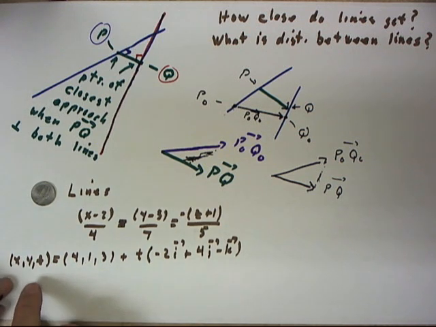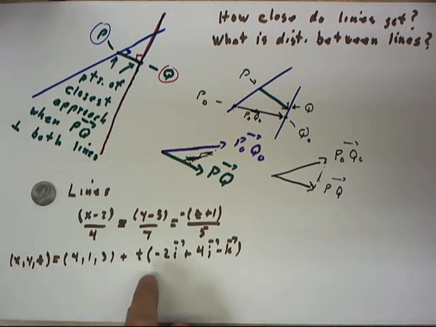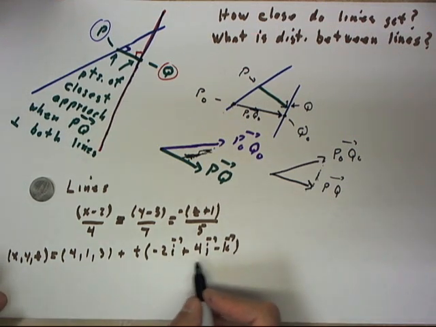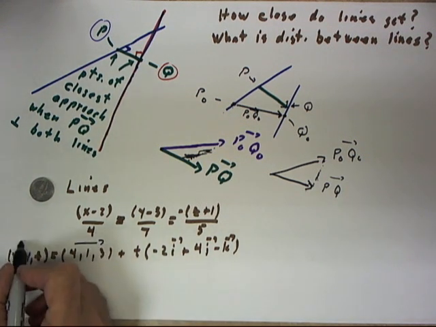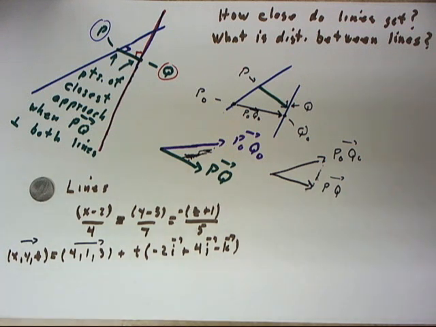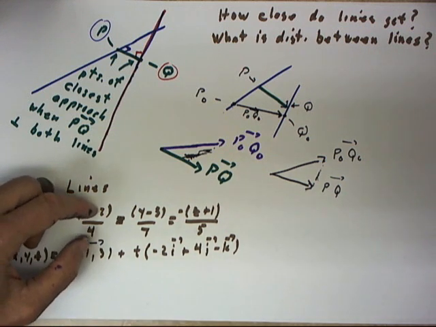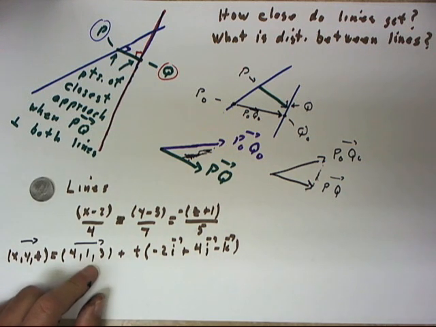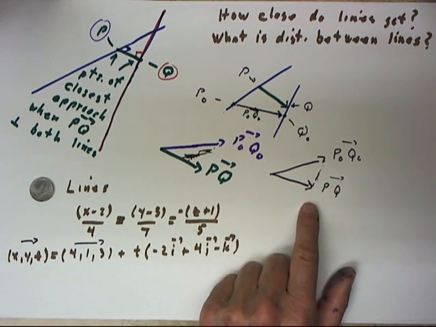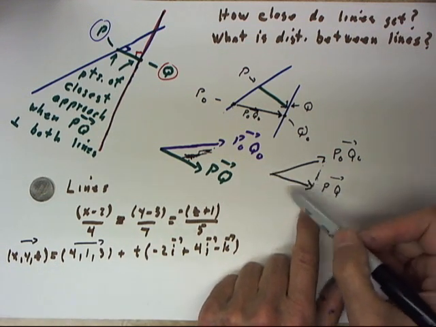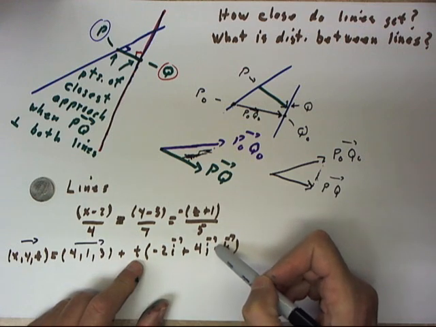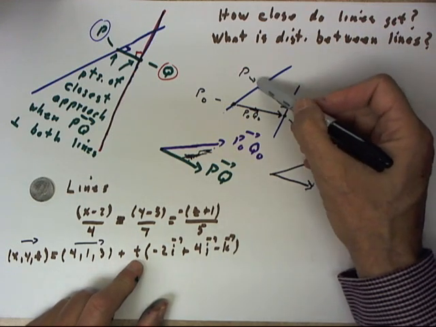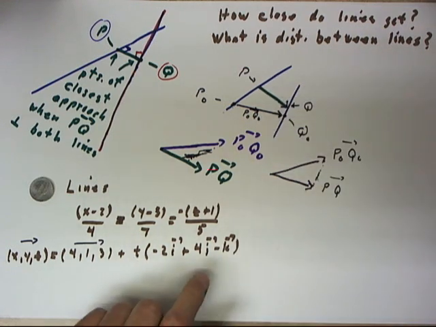The second line is perhaps indicated by (x, y, z) equals (4, 1, 3) plus t times this vector. And we want to take these two different equations of the lines, reconcile them, and determine what is the distance between the two lines. What's the distance along a line that's mutually perpendicular to both?